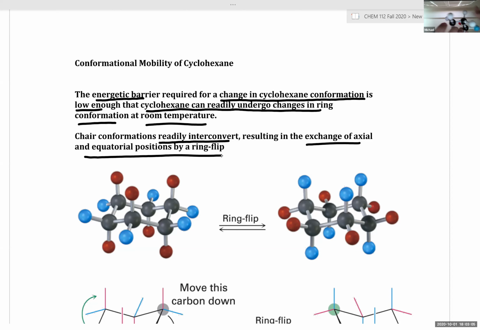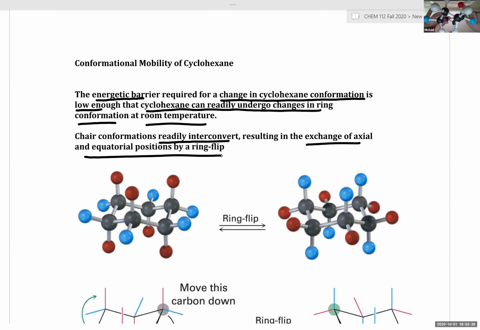So here's our starting ring. Here's our starting cyclohexane. As we can see, one of our carbons is up, the other carbon is down, right? Now, as we see, we have our axial hydrogen. It's pointing up, right?